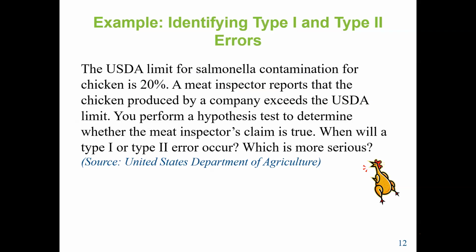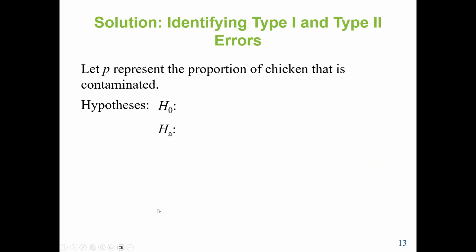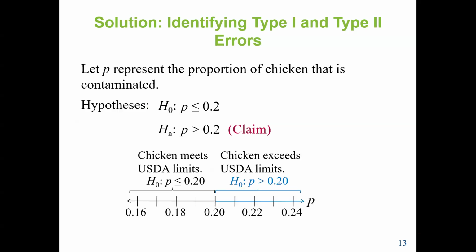But let's see what result they will give us here. So let p represent the proportion of chicken that is contaminated. The question says greater than 0.2. So p should be less than or equal to 0.2. So now we have our scale from 0.16 to 0.24.